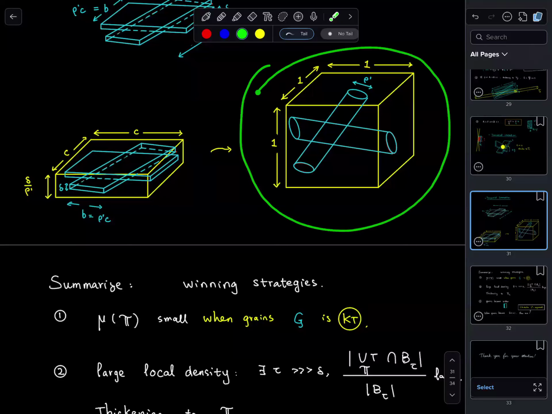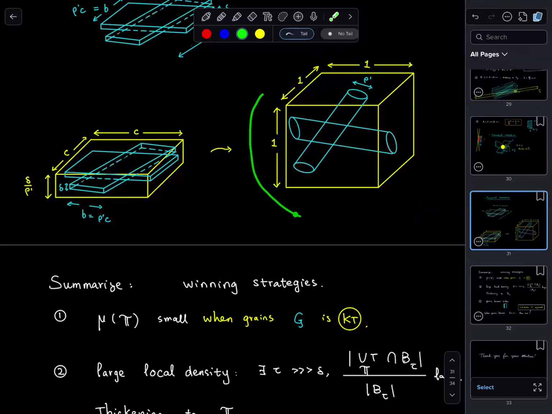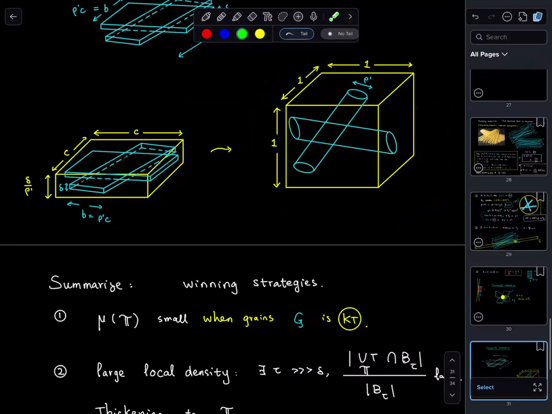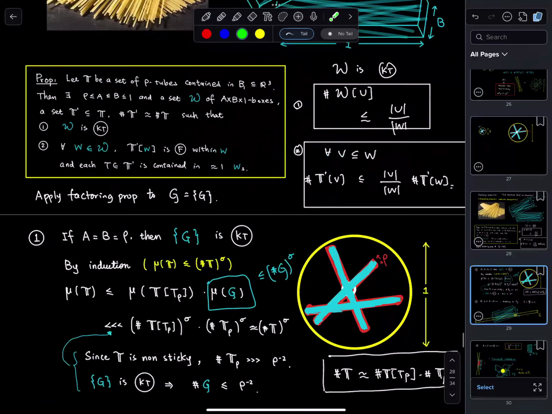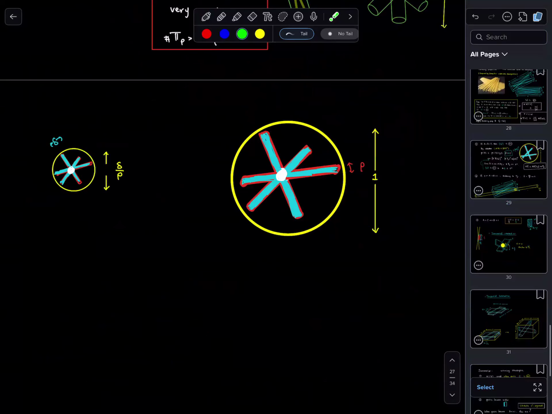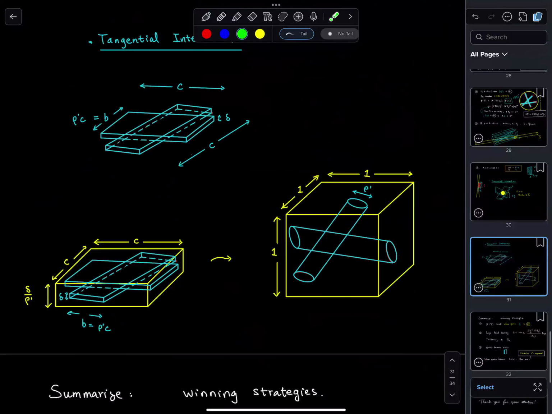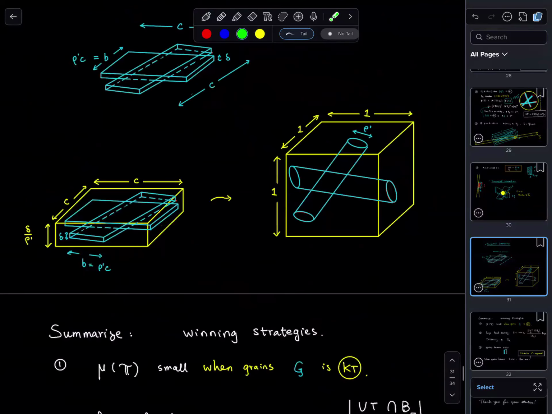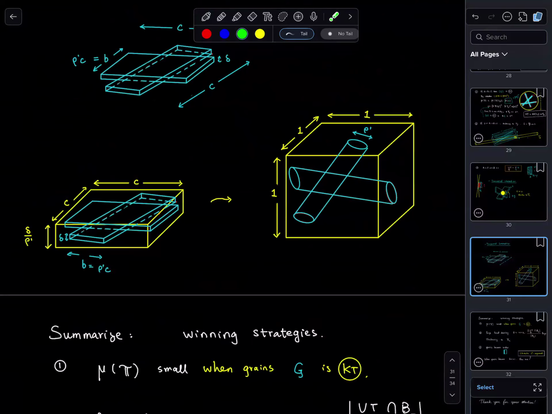So in the tangential case, this picture becomes a new version of the grain picture that is here. So we are going to repeat the same argument, and this is why the induction becomes somewhat complicated. We are going to repeat the whole argument, and this will stop at some point.